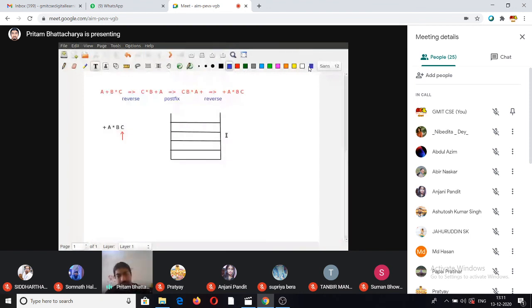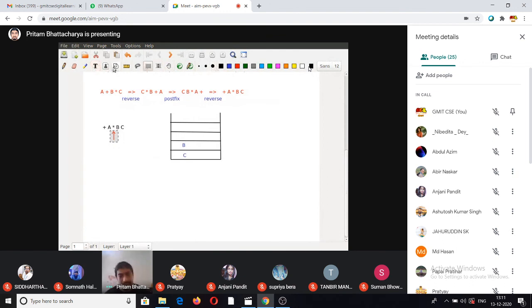So you push C onto the stack and you move your arrow to the left one position. Once again, you are reading an operand, so you just push this onto the stack and move the pointer.